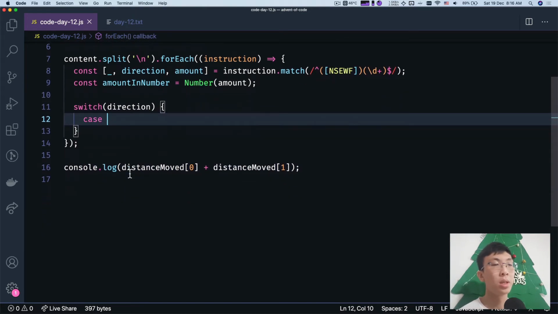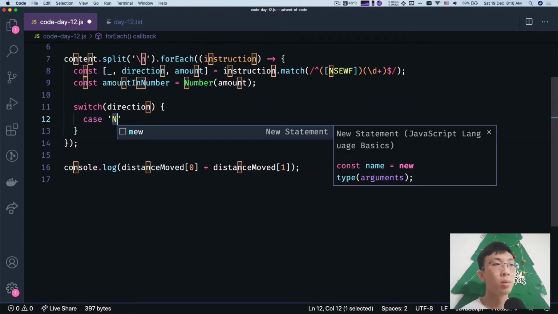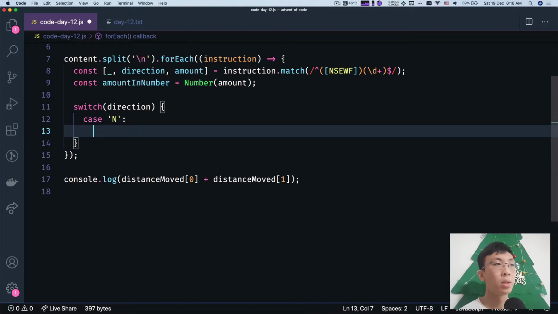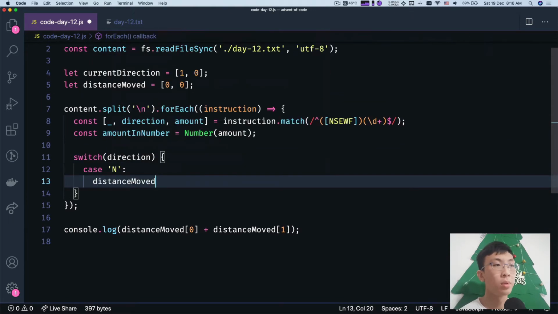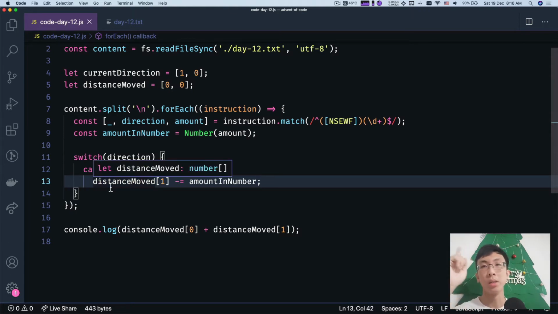So first case is north. If that's the case, then distance moved 1, we'll have to subtract the amount in number, because moving up is negative, down is positive. That's how our direction is.